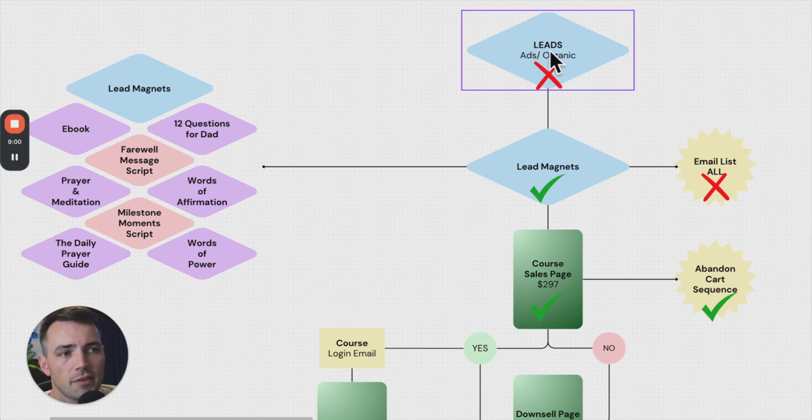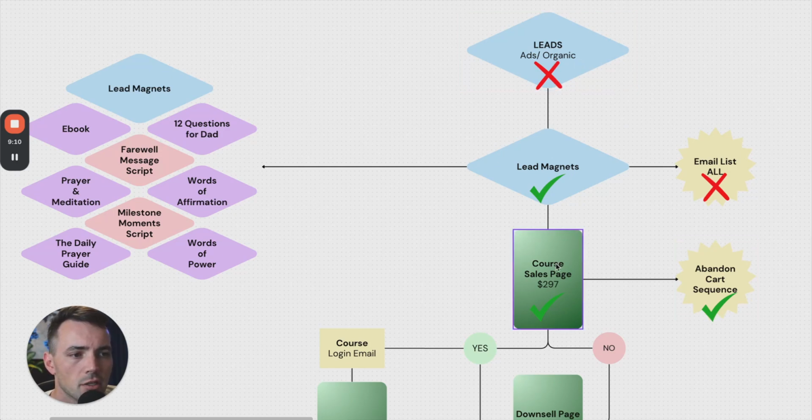Whereas if I said, hey, I have this course, Legacy View, today only, it's $297. Click the link below to learn more, and then they go to this page. Great. At least now you're speaking to them. The problem with that is you're going to have a lot of people that go to this course page, and they're not going to want to buy the course because they don't know you, they've never seen you. $297 might be a lot for them at this point.